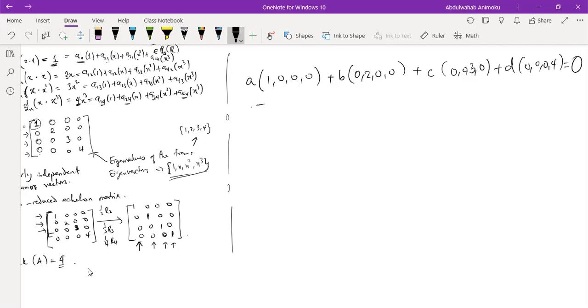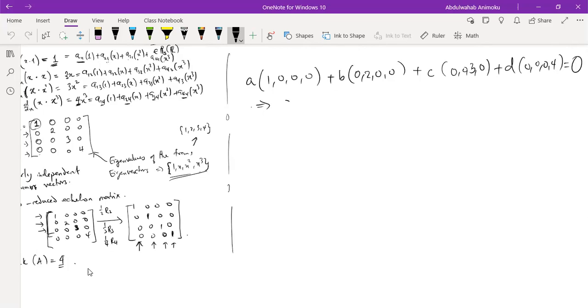So what does this mean? Now, we need to solve this for A, B, C, D. If you're able to get a trivial solution, that A must be equal to B, must be equal to C, must be equal to D, must be equal to 0, then it means these vectors are linearly independent, right? So this is basically what we need to do.